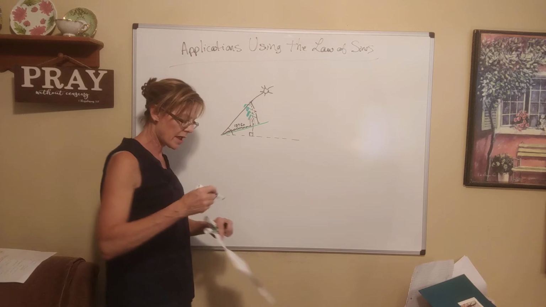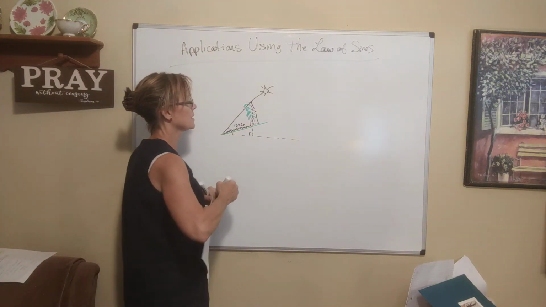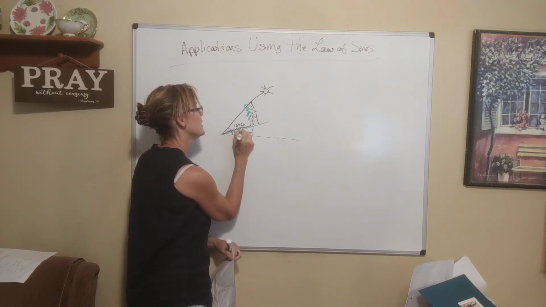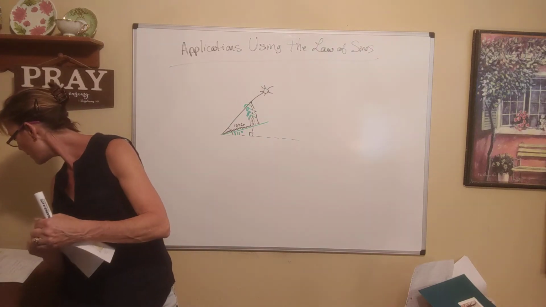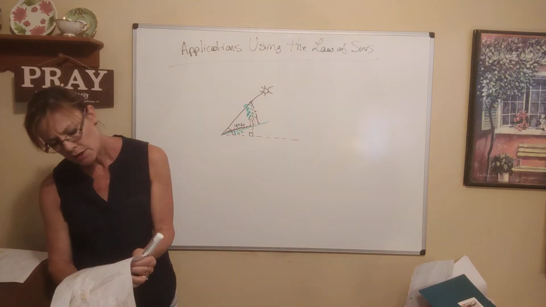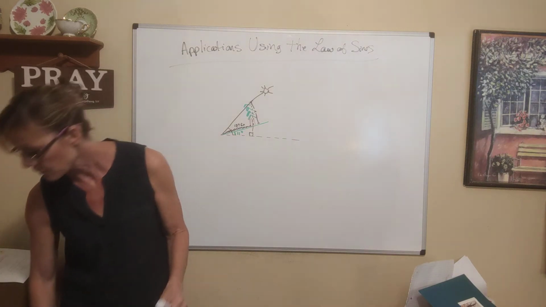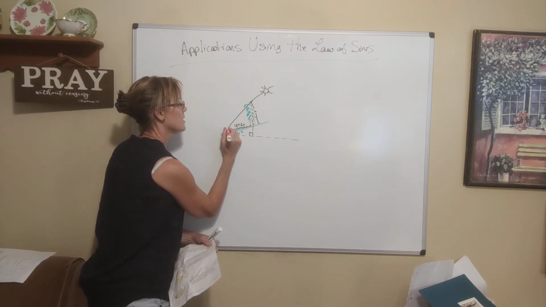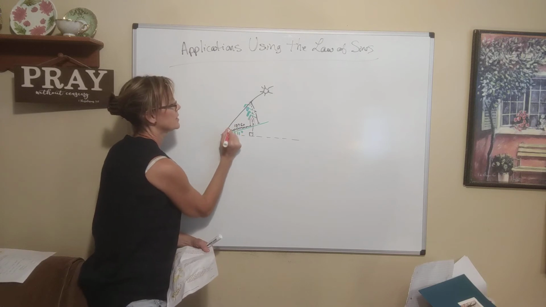So this little sliver right here, where the green indicates the slope of the hill, is 11 degrees. And the angle of elevation of the sun is 42 degrees. So if we looked up from here to here, this angle of elevation is 42 degrees.